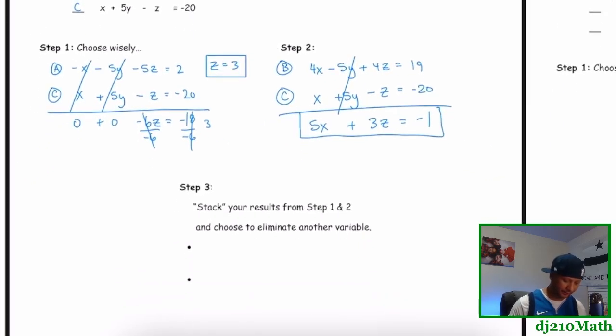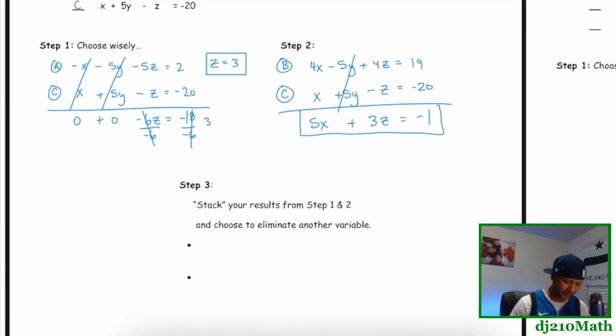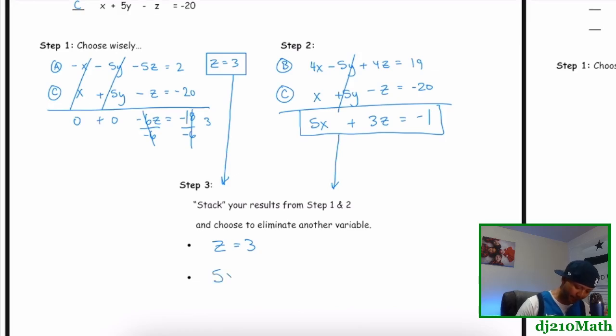When this is the case, step 3 is the same. Your answer from steps 1 and 2, you combine them. So this is z is equal to 3. That's kind of nice. And then 5x plus 3z is equal to negative 1.